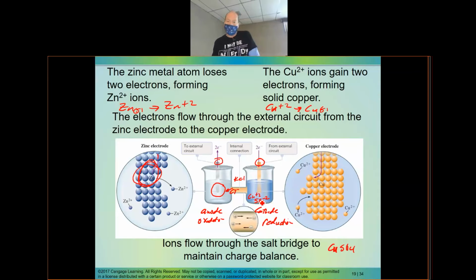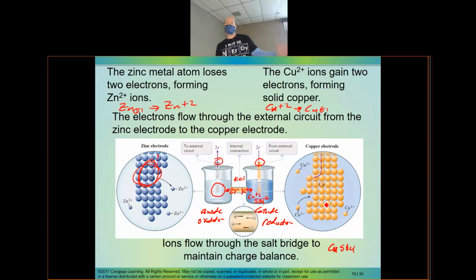When this plus 2 is becoming copper 0, we have a buildup of the negative ion. Every time this happens, we have a minus 2 charge, then minus 4, and it keeps going up and up. To neutralize this, the K plus from the salt bridge is going to come in here to neutralize the sulfate as the copper deposits on the metal.